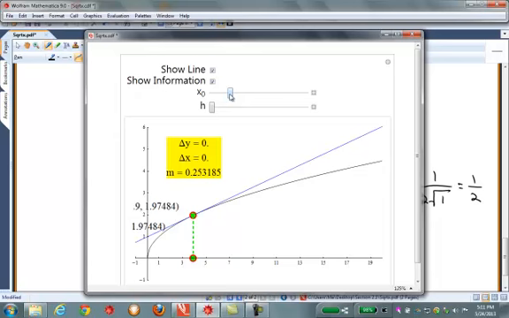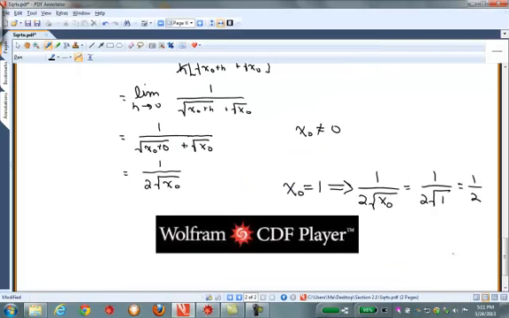Oops, I've gone past 4 just a little bit. But I may not be able to get it. Oh, there we go. Notice at 4, the slope is 1/4. It's not as steep. And if x0 is 4, then we'd have 1 over 2 times the square root of 4, 1 over 2 times 2, which is 1/4.